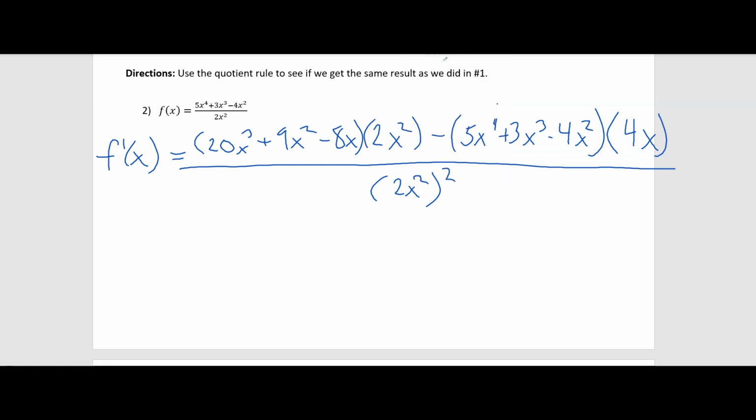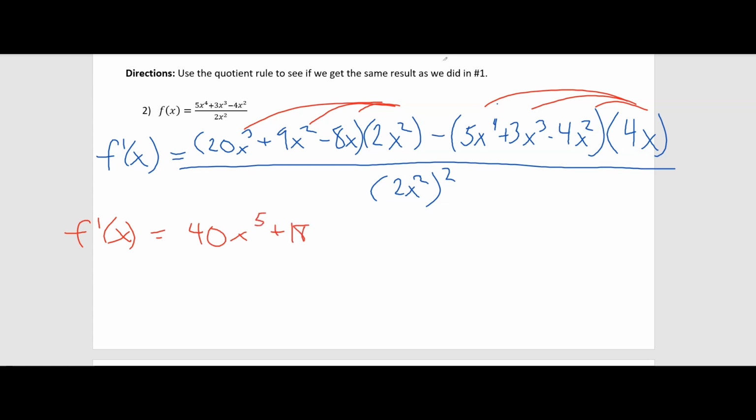We have some simplifying to do, no question about that. So I'm just going to do my distributing for both. 40x to the fifth plus 18x to the fourth minus 16x cubed. I have this negative here, right?